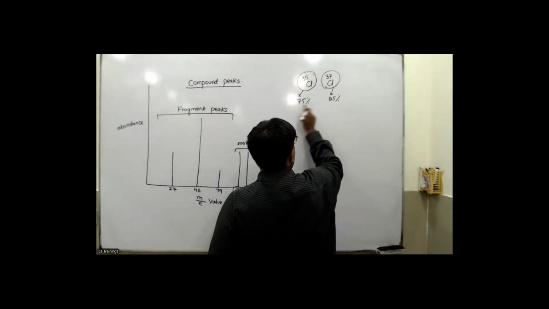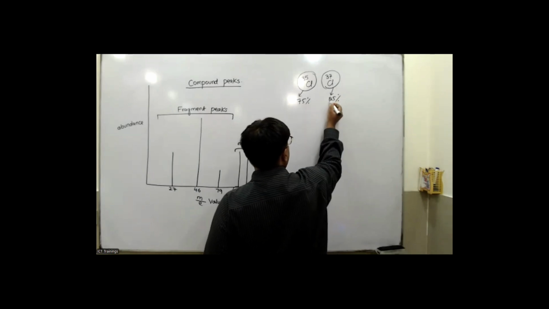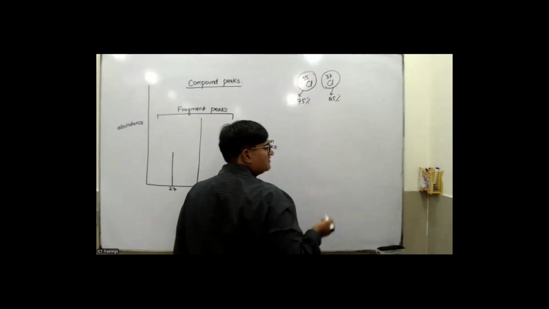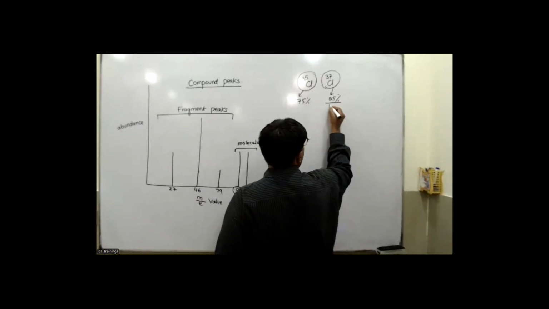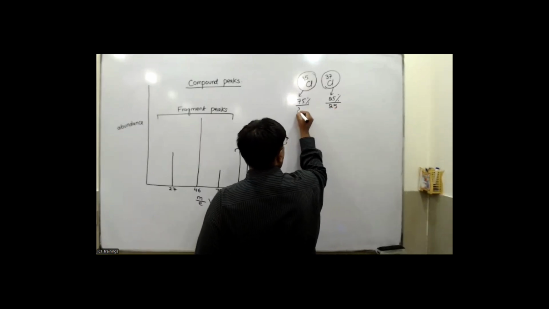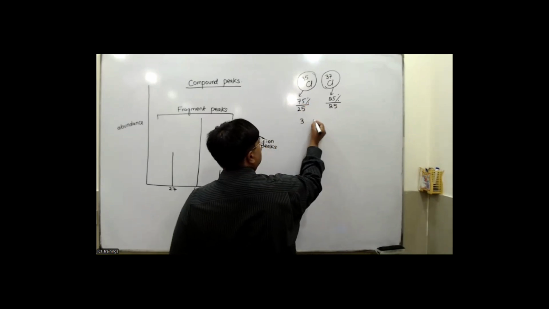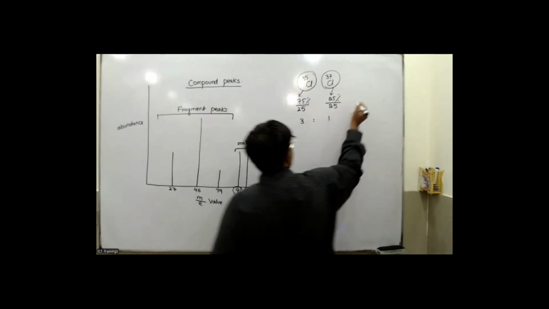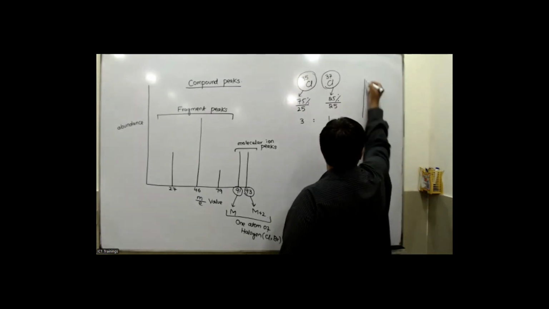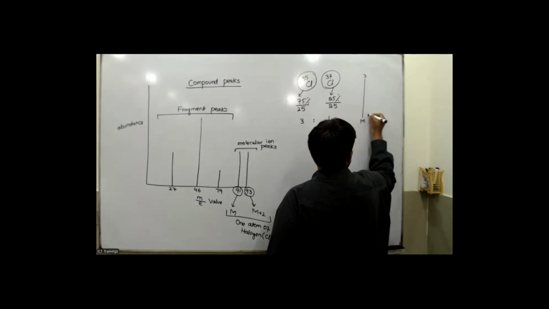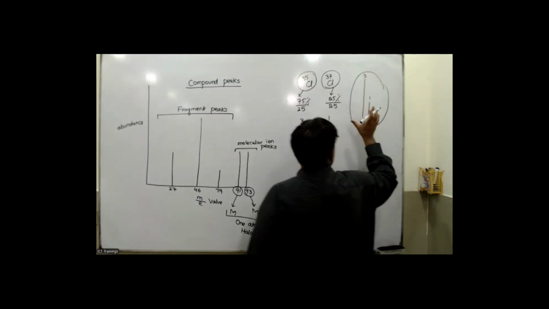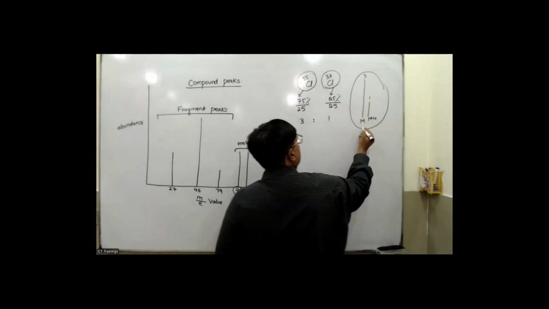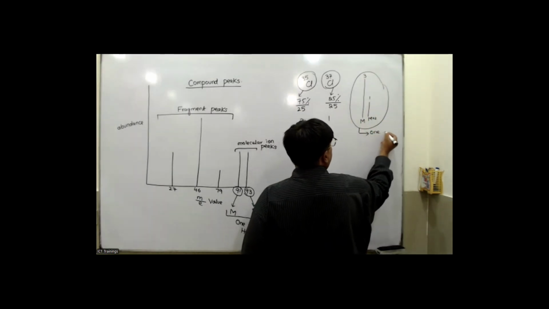If you divide the larger number by the smaller, 75 by 25, you will get the answer 3:1. So it means if your M peak is 3 times and the M plus 2 peak is 1 time, it means one atom of chlorine is present.